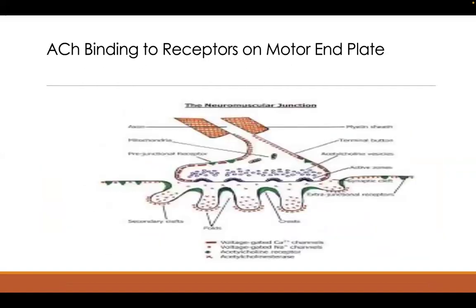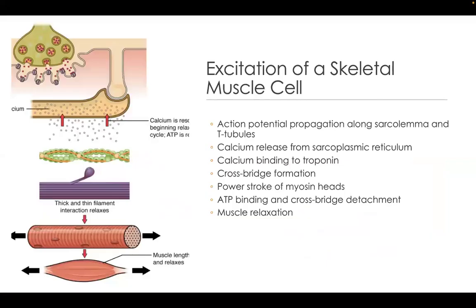After this, we have the ACH binding to the receptors on the motor end plate. The ACH molecules diffuse across the synaptic cleft and bind to nicotinic acetylcholine receptors on the motor end plate, the specialized region of the muscle fiber membrane. These receptors are ligand-gated ion channels.